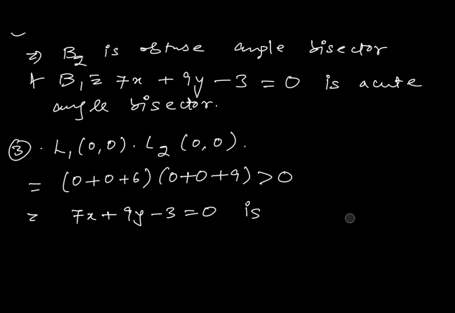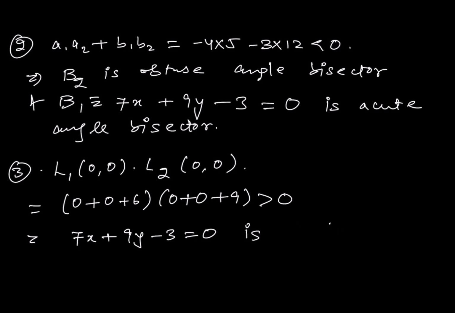It doesn't mean that it lies on the angle bisector, but it means that in the region in which this bisector is lying, in that region the origin is lying.